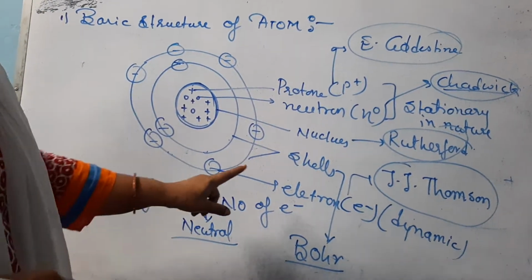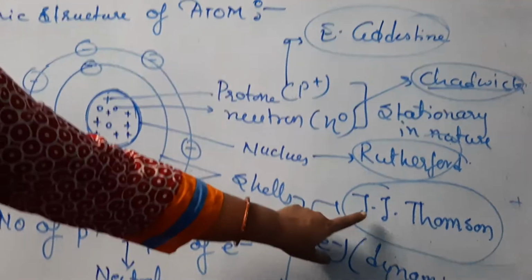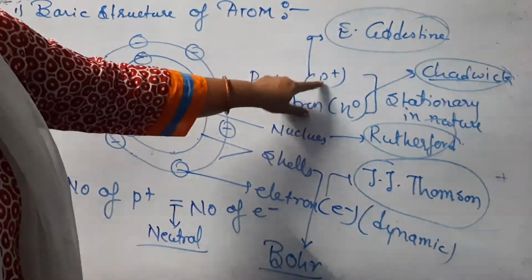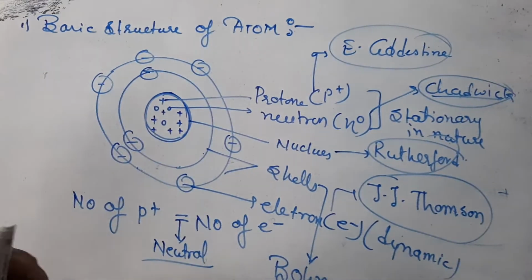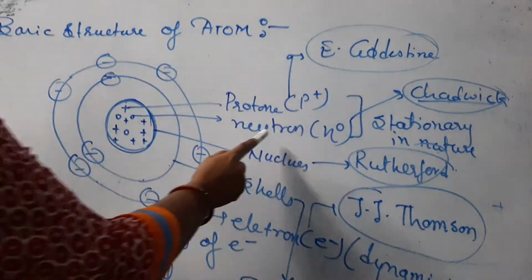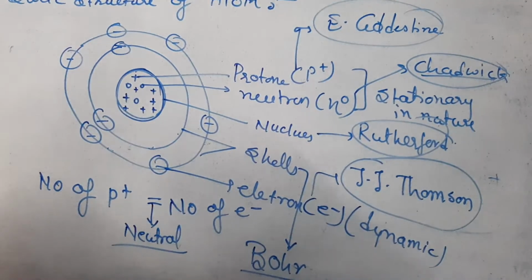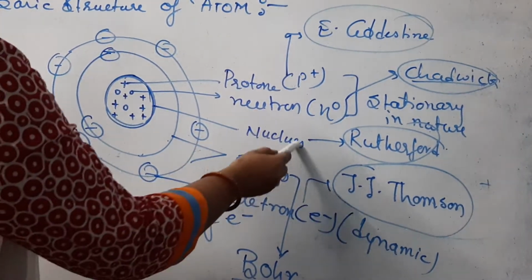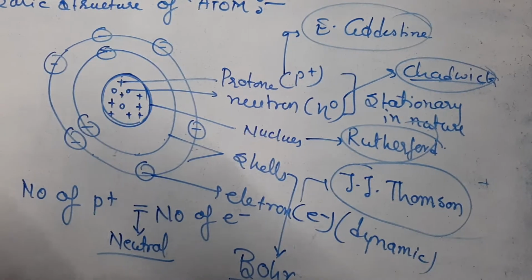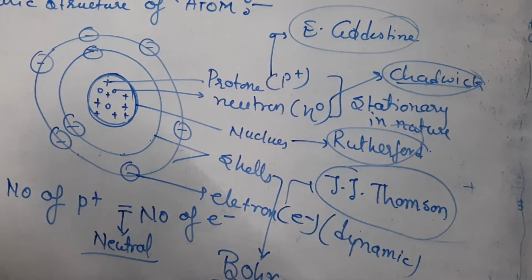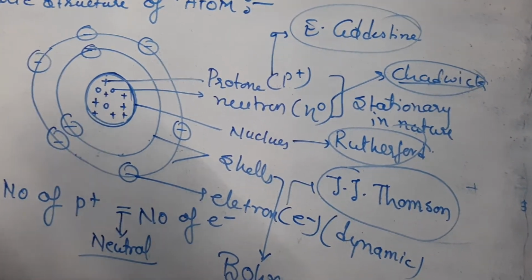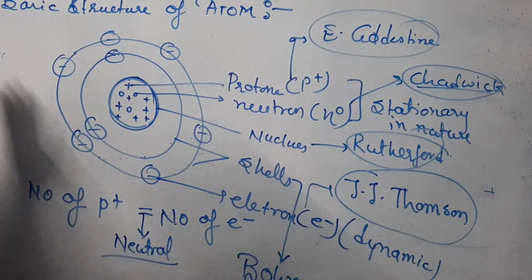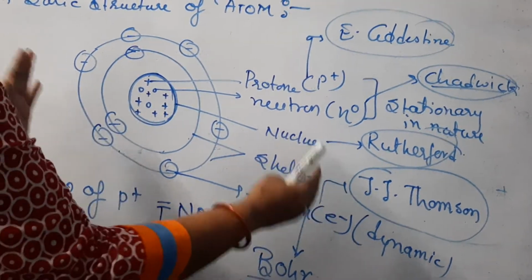J. Thomson discovered the electron. E. Goldstein discovered the proton. Chadwick discovered the neutron. Rutherford gave the information about the nucleus. Neil Bohr conveyed the total information about the shell. So this is the basic structure of atom.